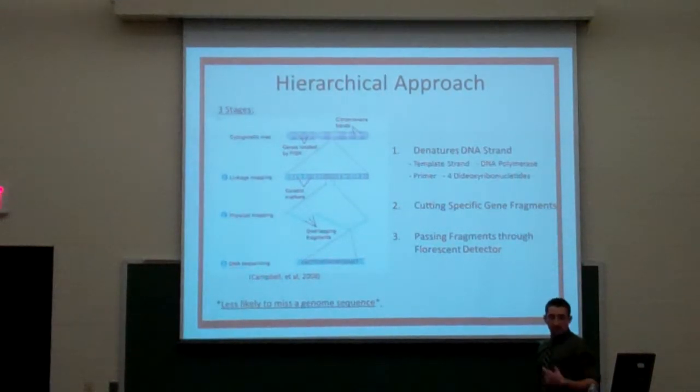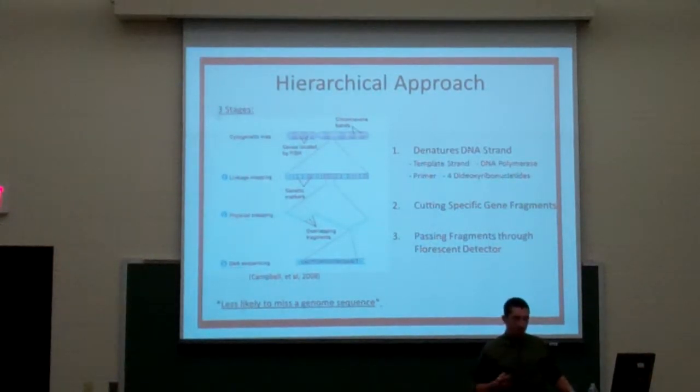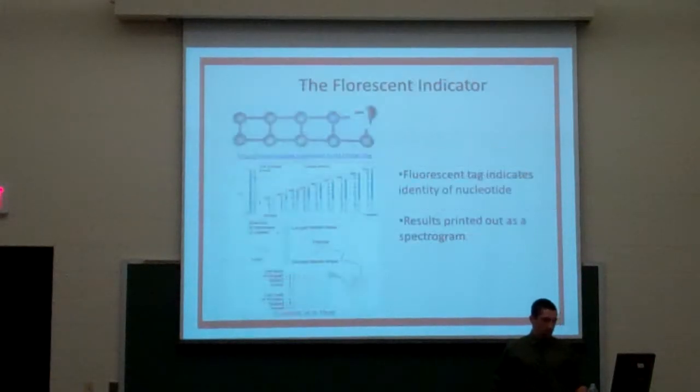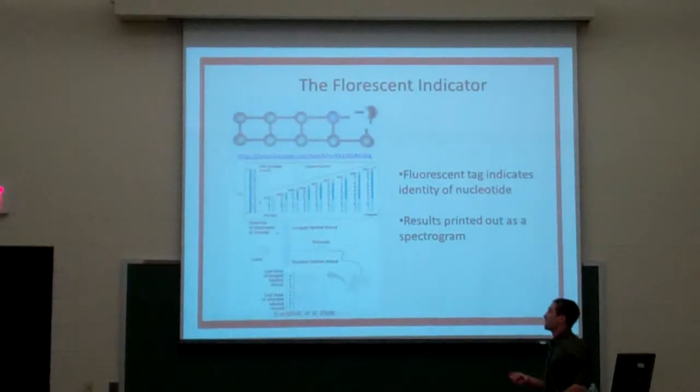Physical mapping is the cutting of specific gene fragments, and once this is done, it can be sequenced, which is the third step, by a detector which reads the fluorescent indicators attached to the genes. Now right here I have a picture of a DNA strand. This blue dot symbolizes the fluorescent indicator that attaches to the DNA strand in the test tube, and it prohibits any further production of DNA sequence.